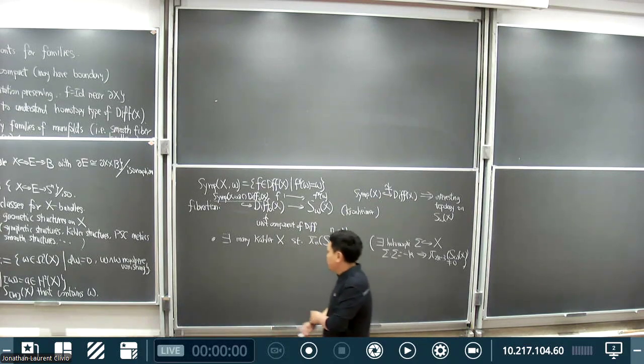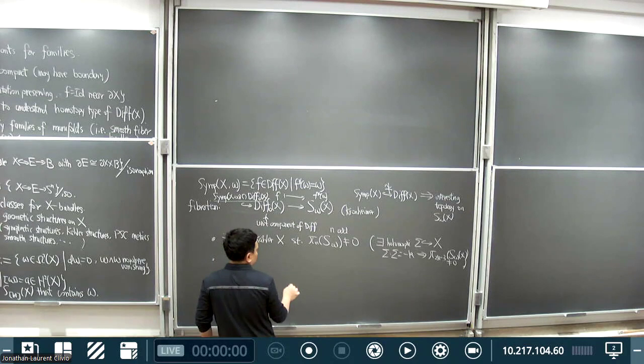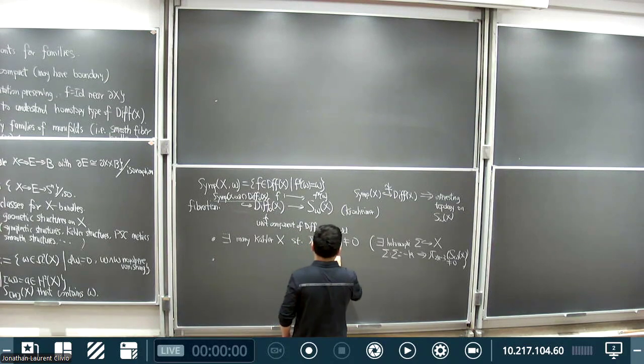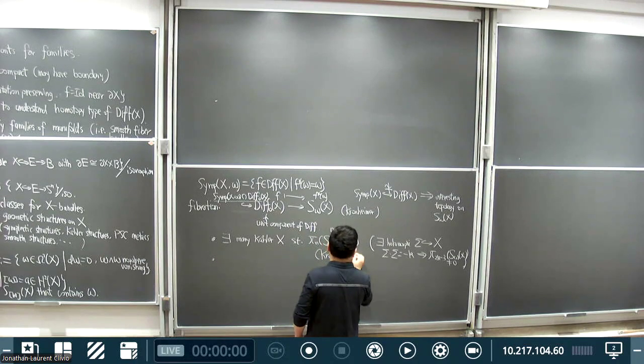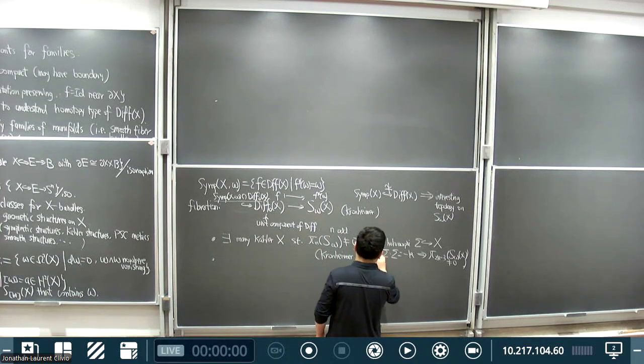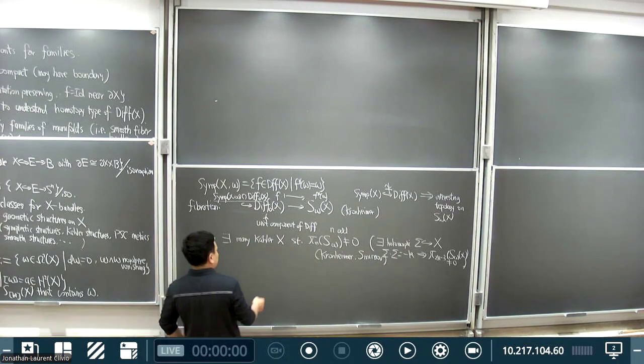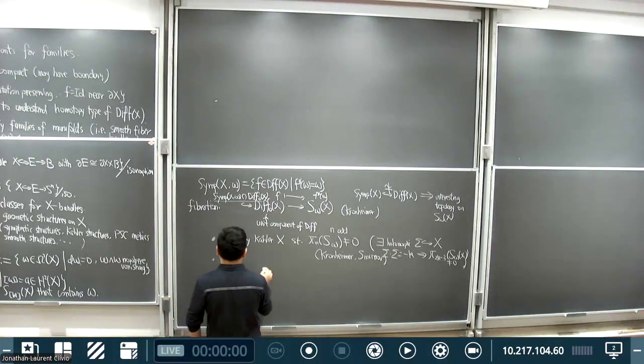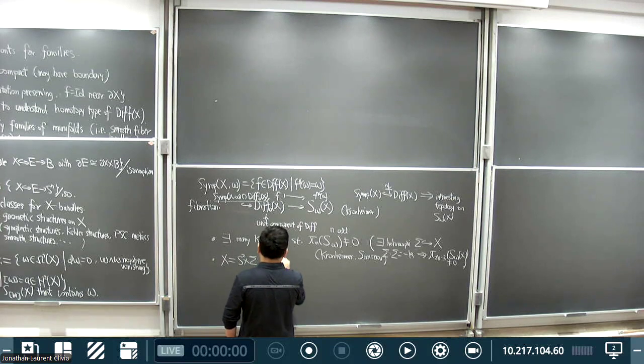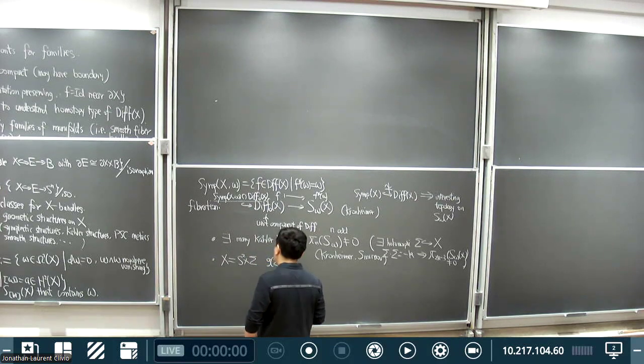This is one thing, and another instance is when X is S^2 times a surface Sigma with the genus of Sigma greater than 0.